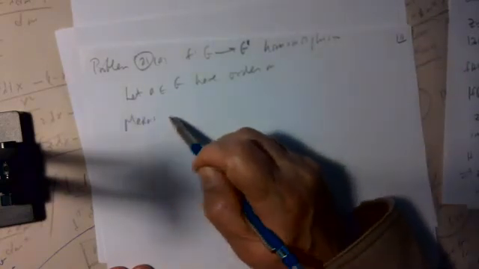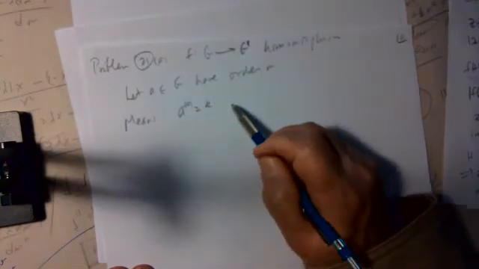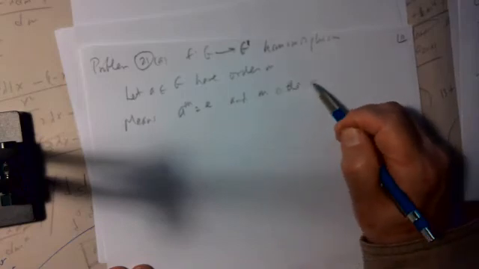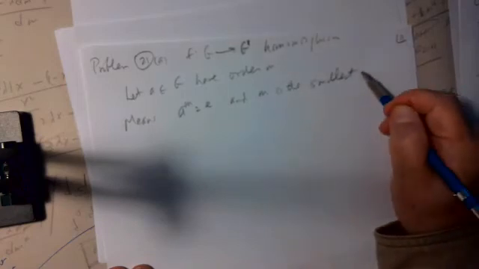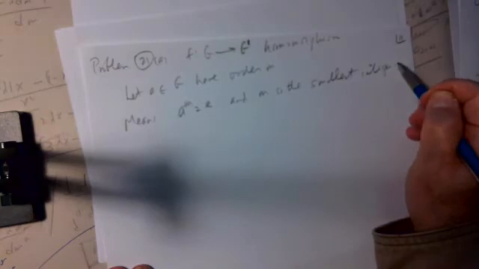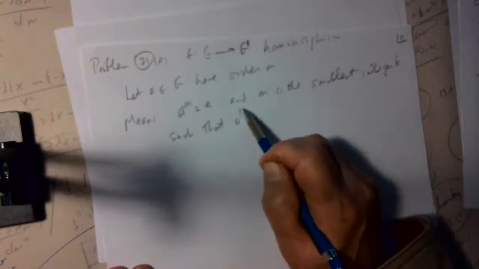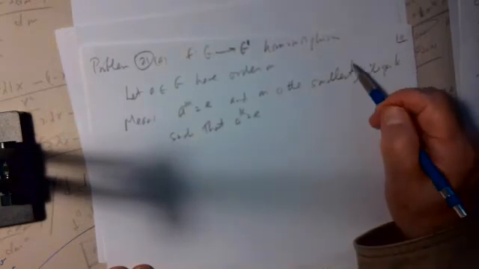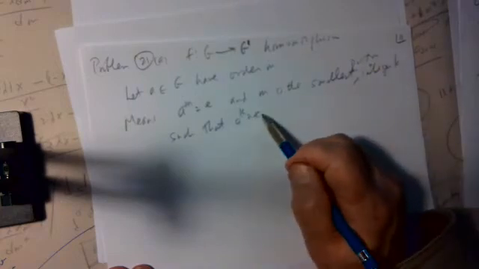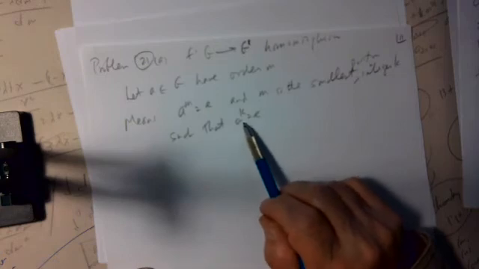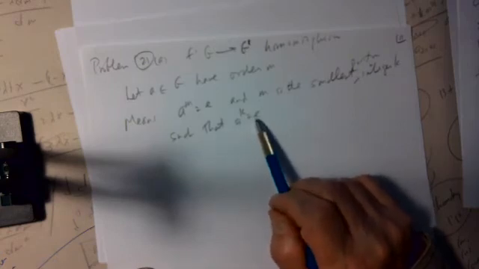This means A to the m is the identity, and m is the smallest positive integer k such that A to the k is equal to E. So you look at all the positive integers k where A to the k is equal to E, and m is the smallest one.